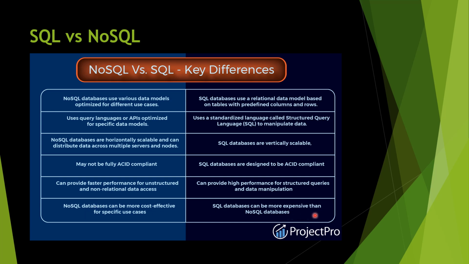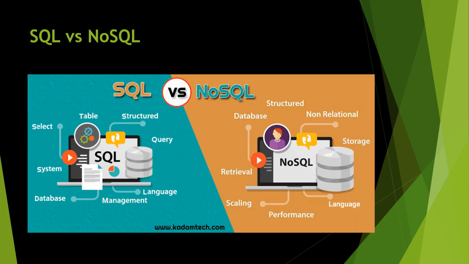SQL databases can be more expensive than NoSQL databases, while NoSQL databases can be cost efficient and used for specific use cases. Here is the diagram. Here we can see SQL versus NoSQL: in SQL, the data is stored in table format, and data is stored in unstructured format in NoSQL.